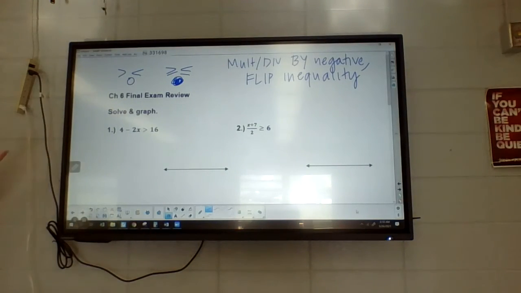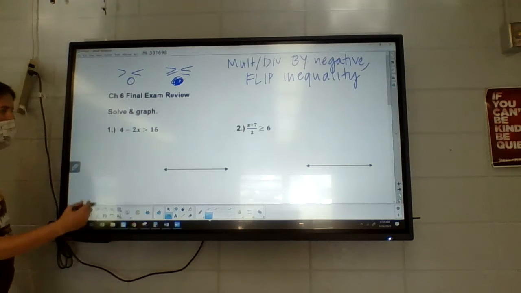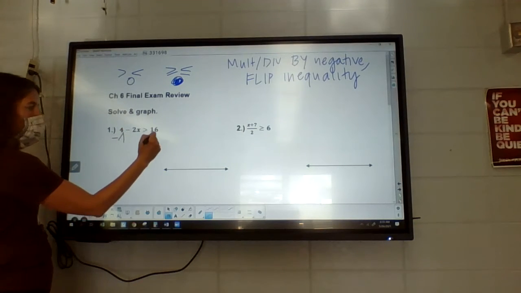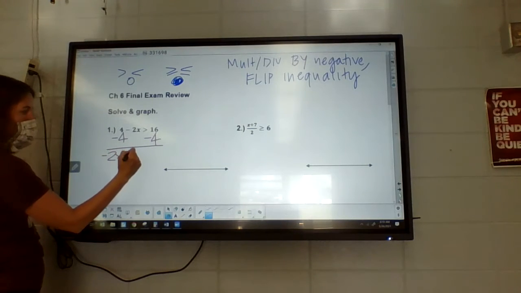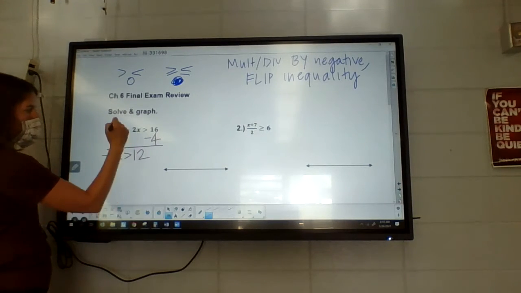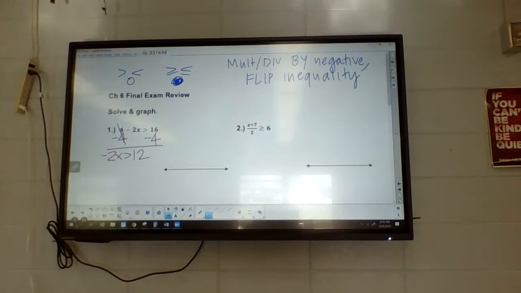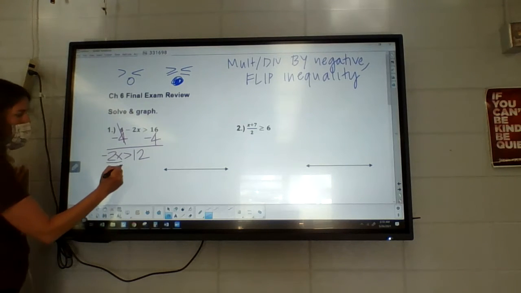All right, so we want to basically solve for x in these problems. So I'm going to move this 4 over first. Notice x is being multiplied by a -2. When we go to solve that, we're going to divide by -2, and that's when we have to flip the inequality.